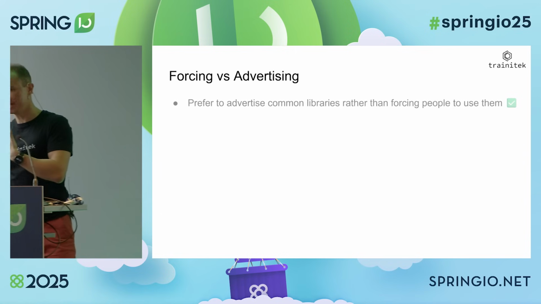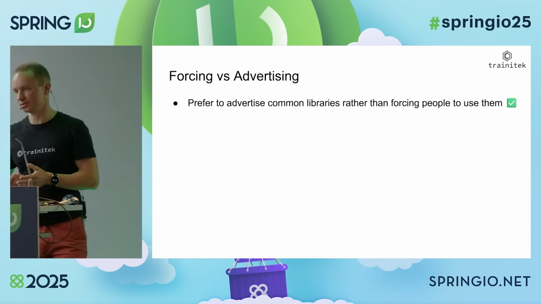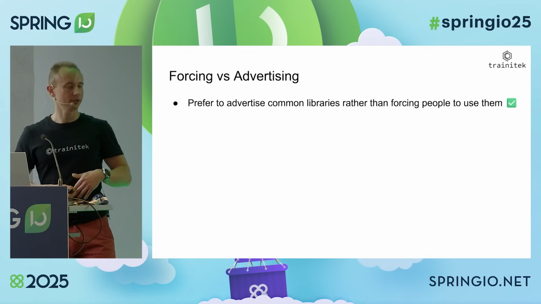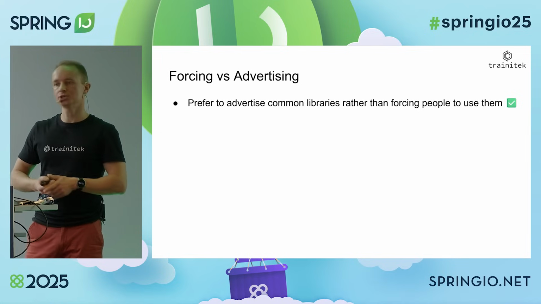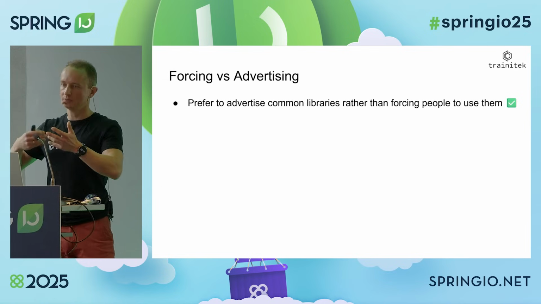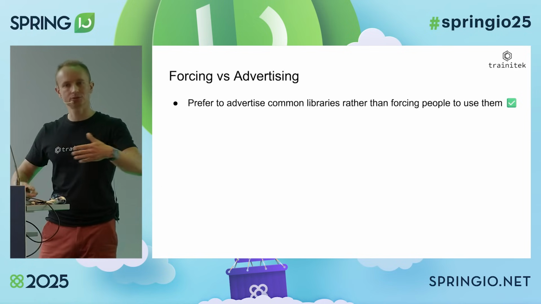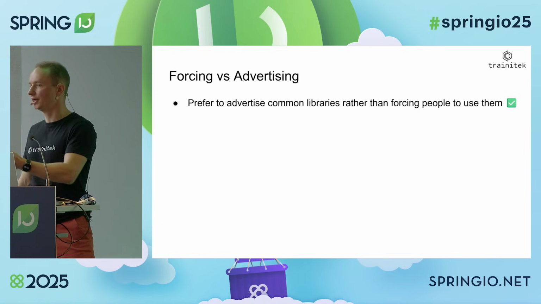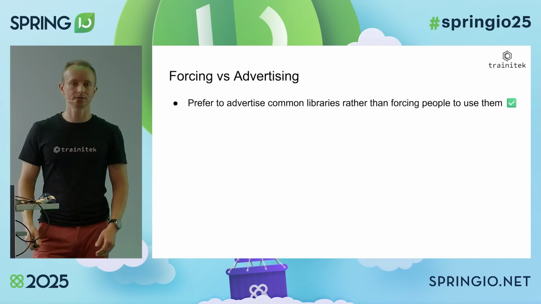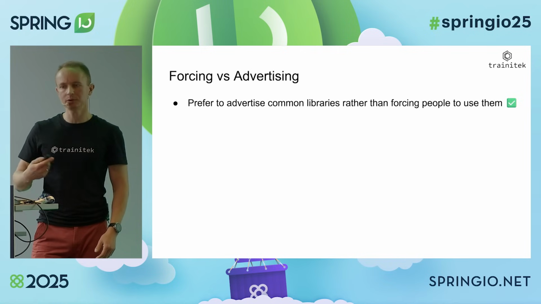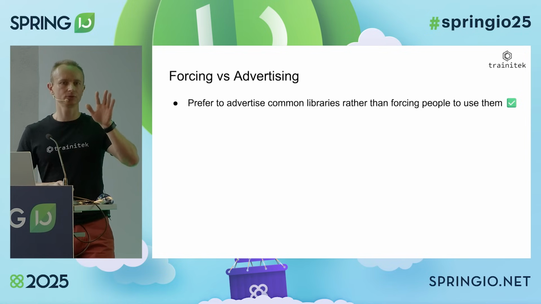However, what I prefer, even though I work in a corporate environment, is advertising things. Like you run some knowledge sharing sessions, and some rumors appear that, okay, that library was actually fine. We like using it, and people just start using it more often. However, if you force it, just be prepared for a couple of consequences.